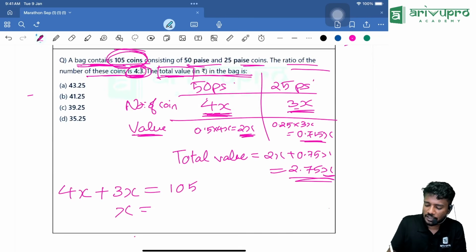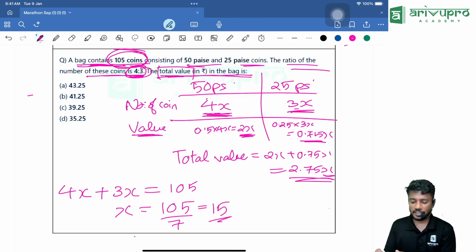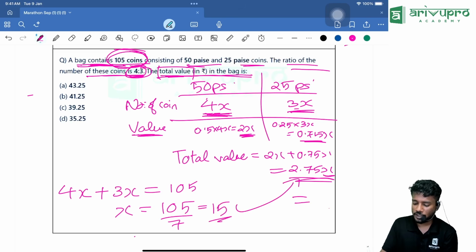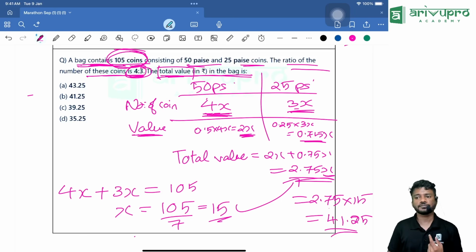From that, we can write 105 divided by 7, which is equal to 15. So, we know the value of x. Now if you substitute here, you will get the value of coins inside the bag. How much is it? 41.25. Clear?